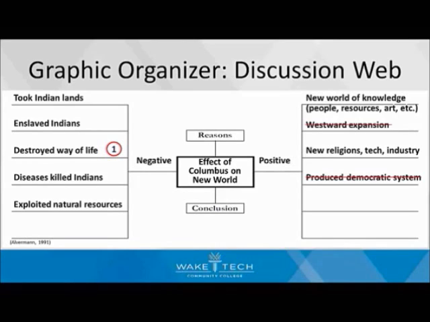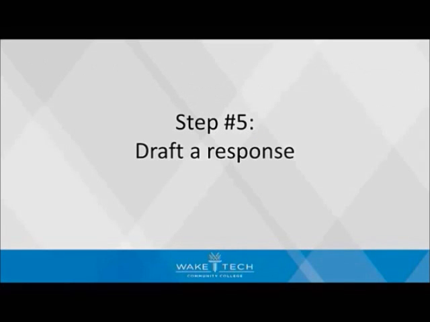I think I'll use took Indian lands next, then diseases killed Indians, enslaved Indians, and exploited natural resources last, since it has the least to do with the other details. There's no right or wrong order for presenting these details. The most important thing to consider is, does the order flow? Now that we have our ideas organized, we can move on to step 5 and start drafting a response.